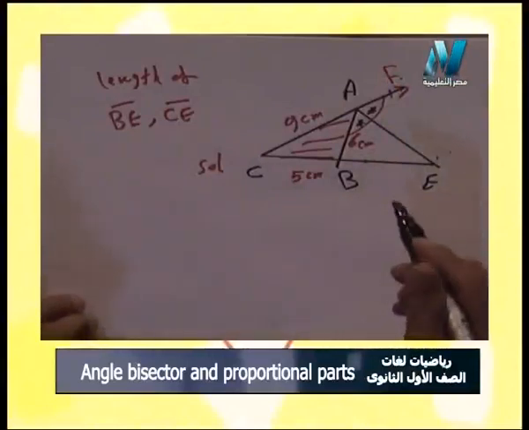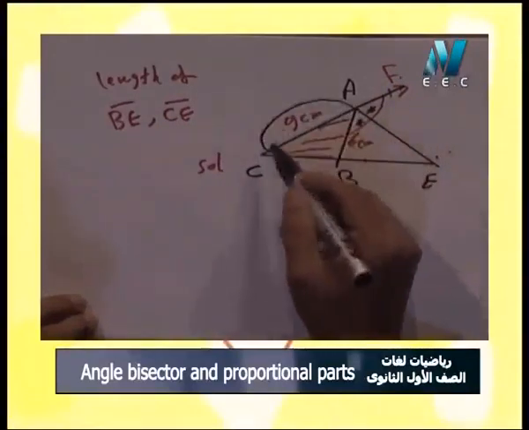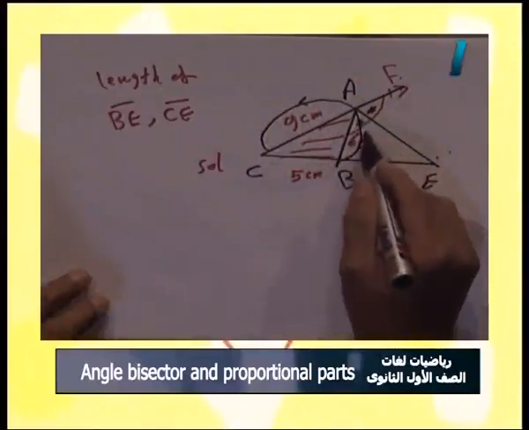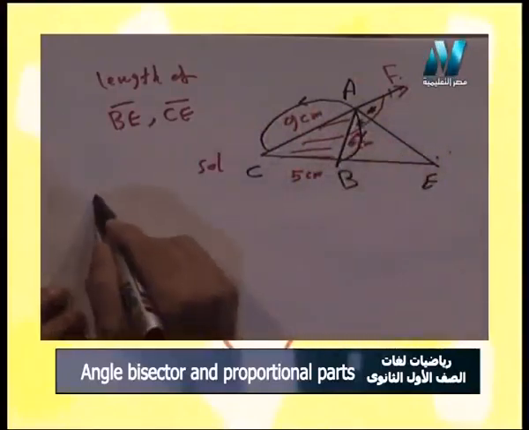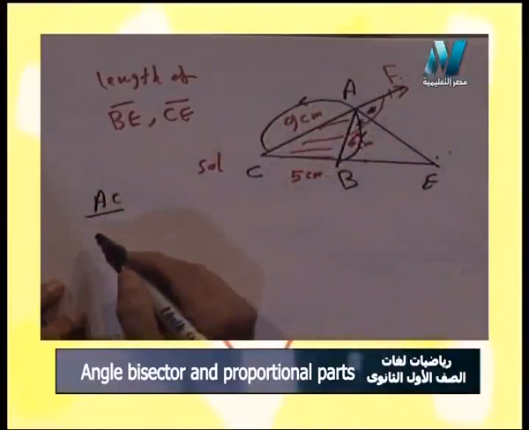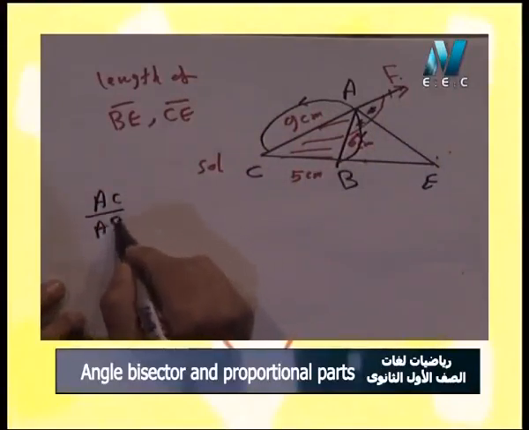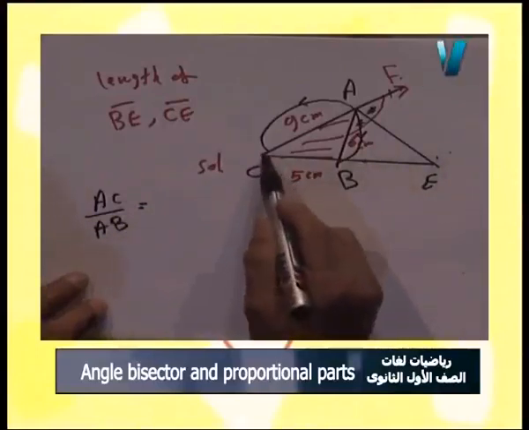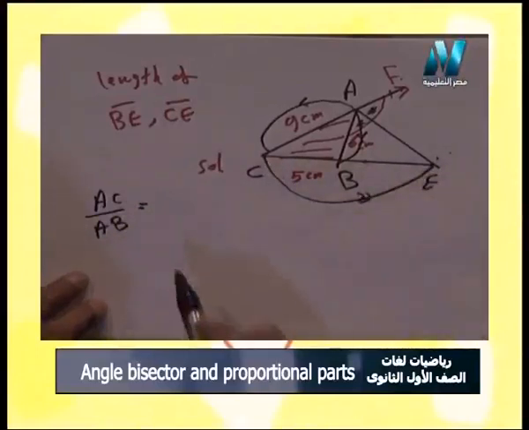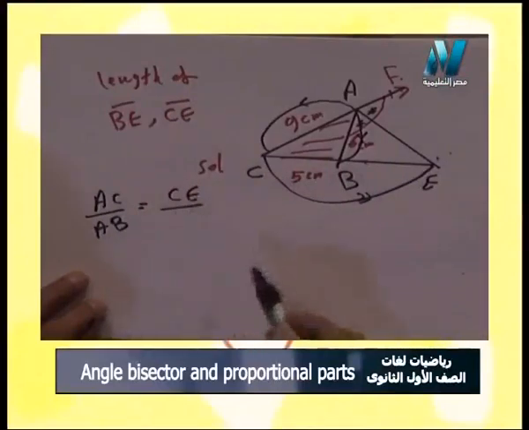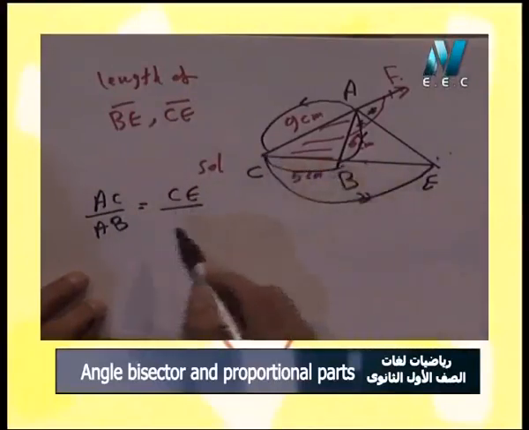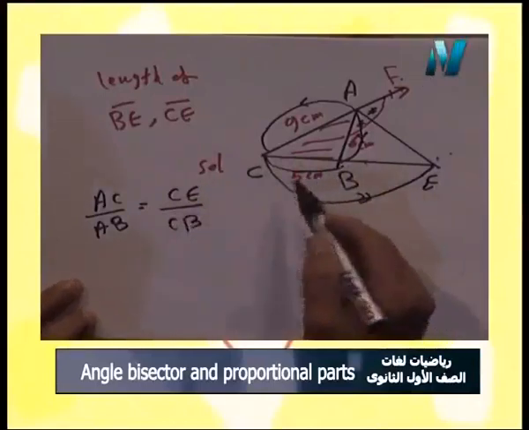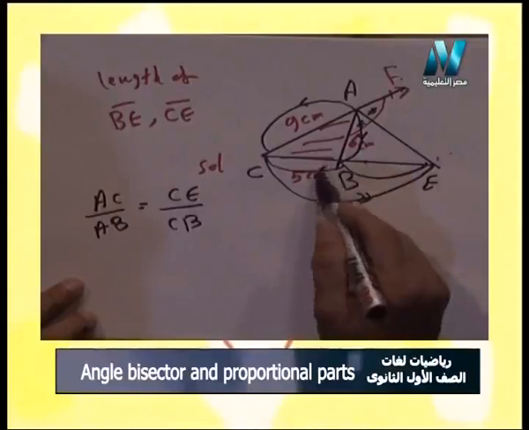We have AC over AB. Pay attention well. It equals CE over EB.